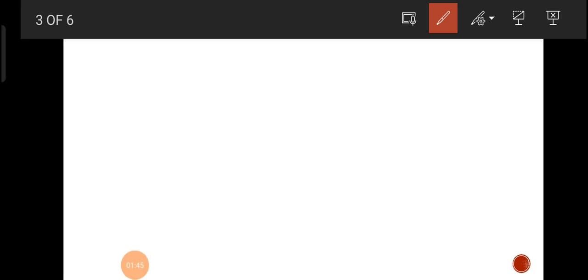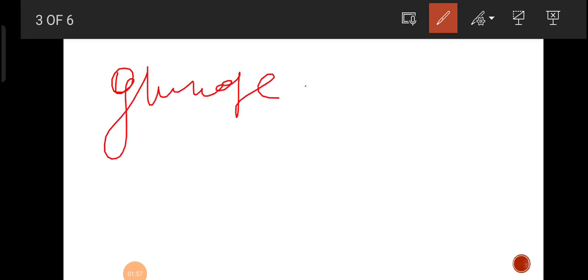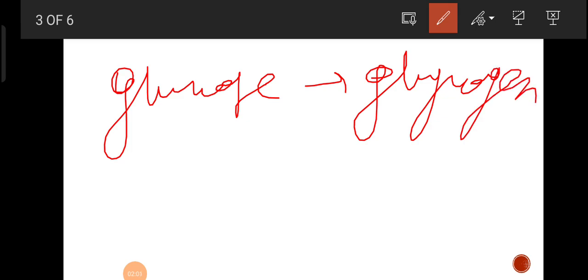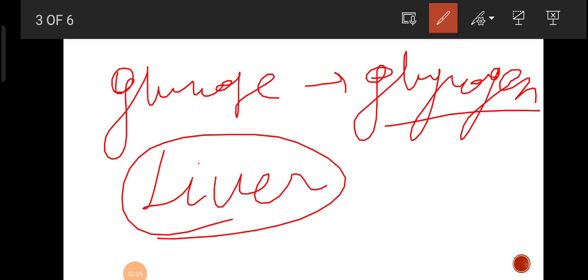Whenever we take food, the blood glucose level suddenly increases, and this can lead to multiple organ damage also. That's why we have to convert glucose into glycogen. Glycogen is basically the storage form of glucose in liver cells. So I will take the example of a liver cell, to show how this conversion is taking place.